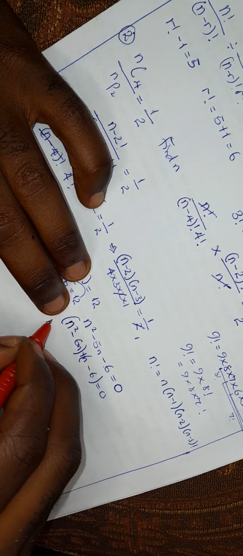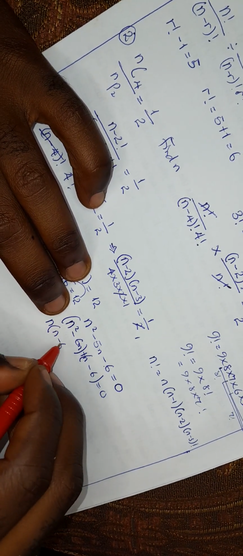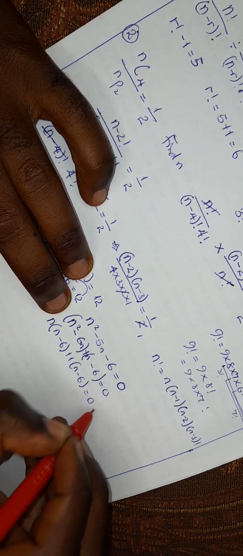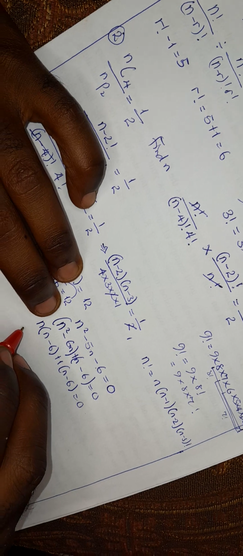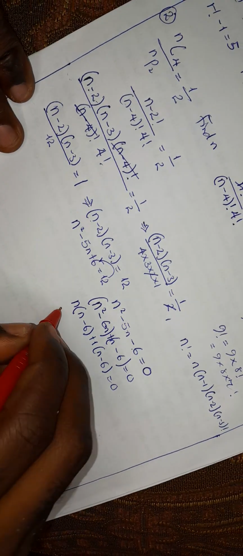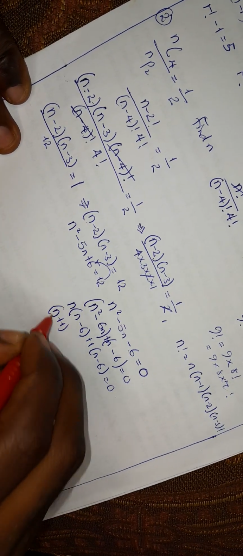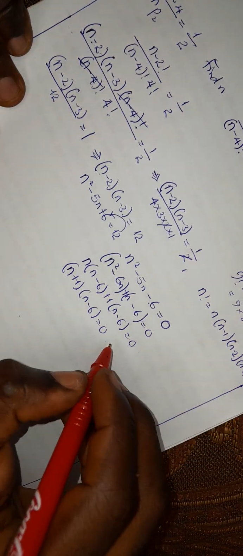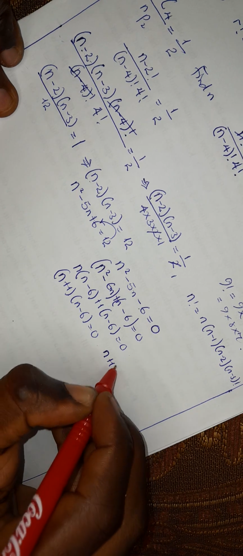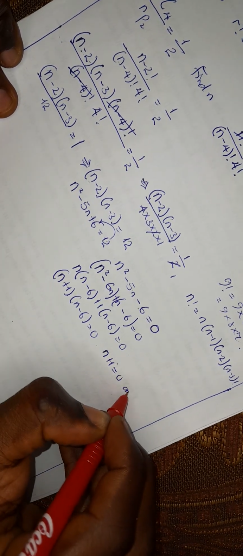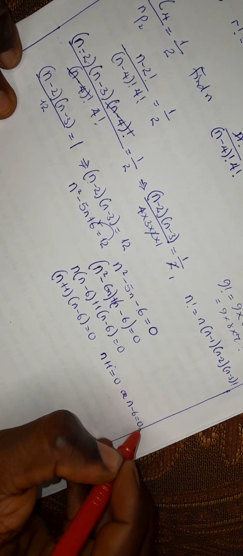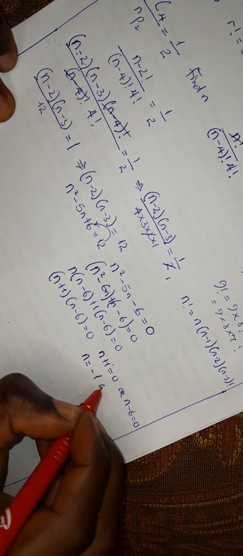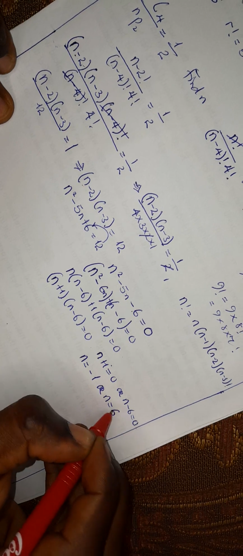So what's common here is n minus 6, plus 1, n minus 6 equals 0. So it means n plus 1, n minus 6 equals 0. So it's either n plus 1 equals 0 or n minus 6 equals 0. So n equals minus 1 or n equals 6.